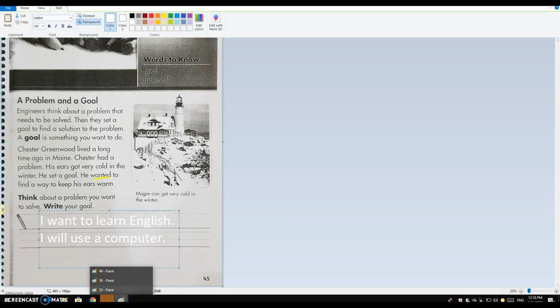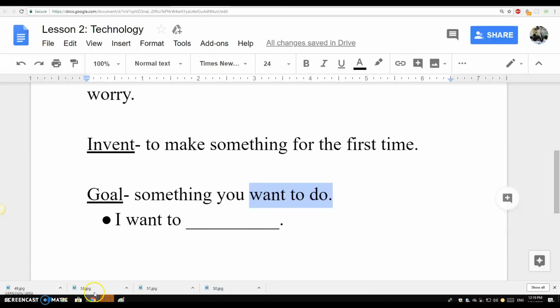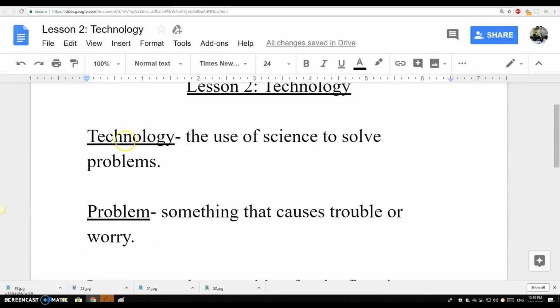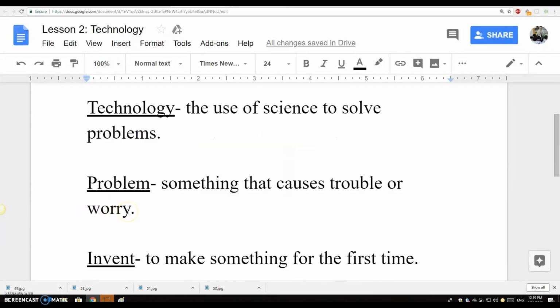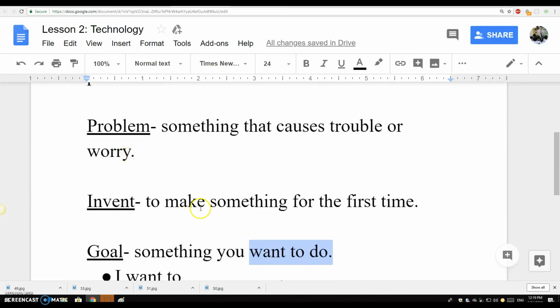The main takeaway I want you to come home with is this. Technology is used to solve problems. People must invent technology for the first time. People usually invent something after they have set a goal for themselves.